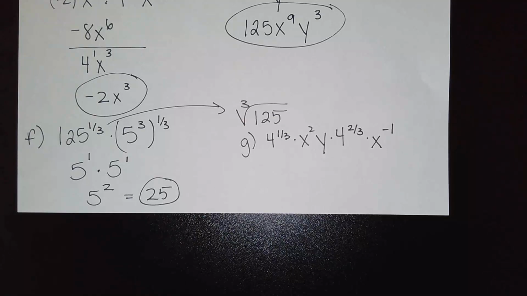It means multiplication either way. We have to be comfortable with different notation. So think about what you would do here. Don't get intimidated by the fact that we have fractional exponents. It doesn't matter. Treat it the same.